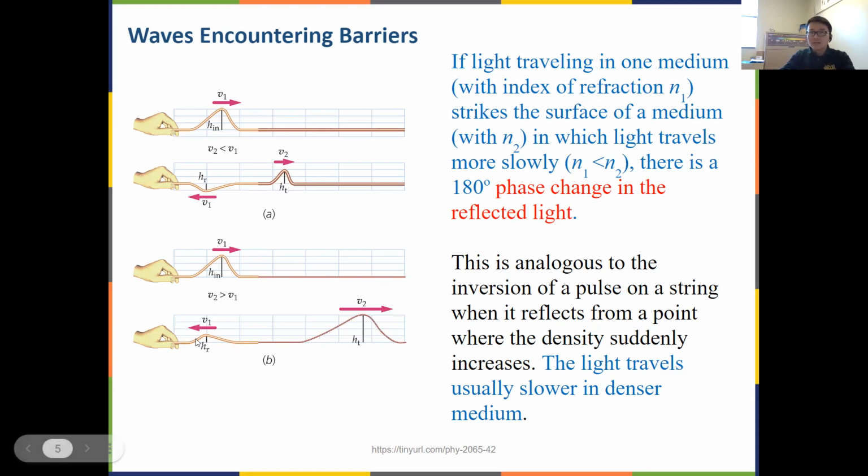So it depends on the scenario: if the two waves have an initial phase difference, or if they reflect from one medium to a second medium, depending on which one is thinner or thicker in that sense. The thinner one has a lower index of refraction; the thicker one has a larger index of refraction.